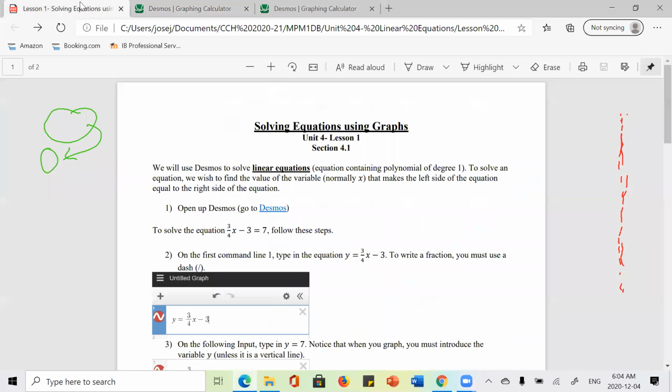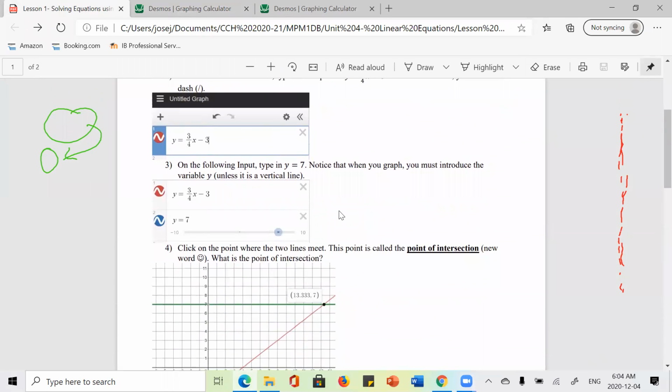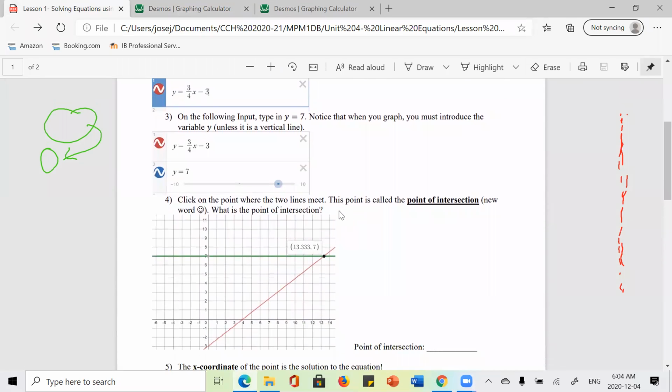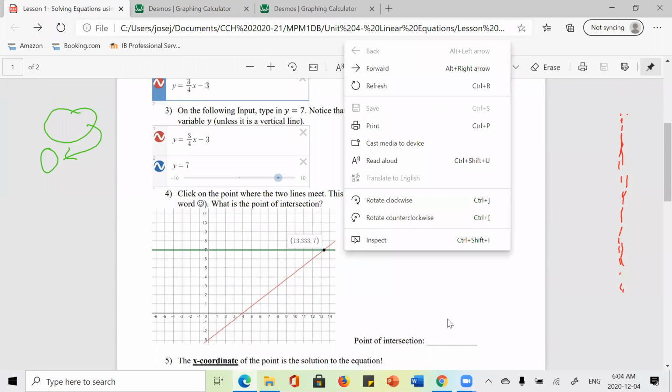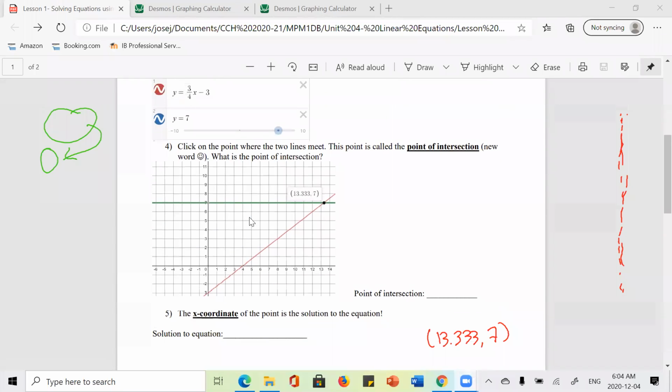So going back to the handout, this should be pretty easy to follow because it gives a lot of the instructions on there. What we notice is that the point of intersection is 13.333 and 7. So when I ask you to write in the point of intersection, all I'm going to do is simply write 13.333 and 7. And for the next part, it says the x coordinate of the point is a solution to the equation.